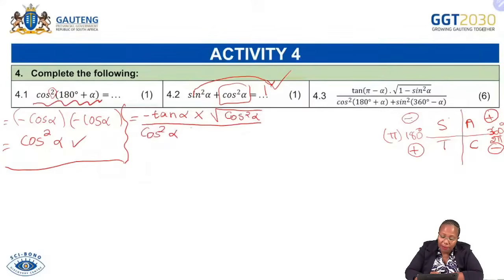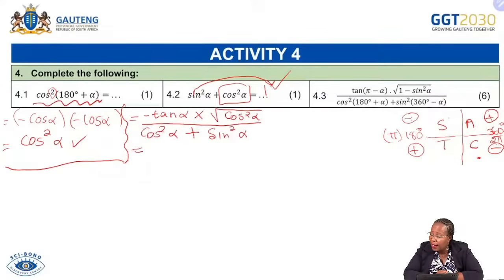And then we have 360 minus, which is quadrant 4. And in quadrant 4, sine is negative. But because it is squared, it will still be positive. Then we will end up with positive sine squared alpha, because it's 2 negatives now, which gives you a positive.